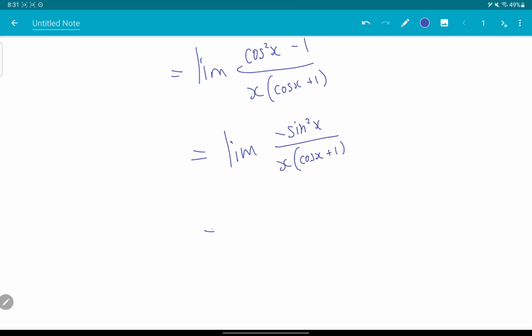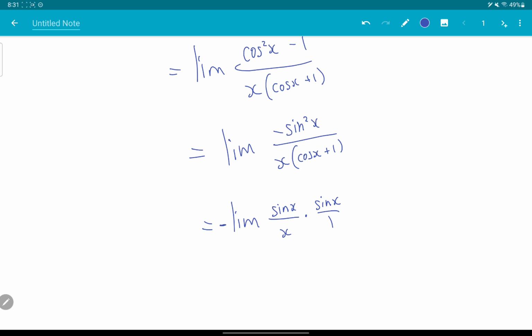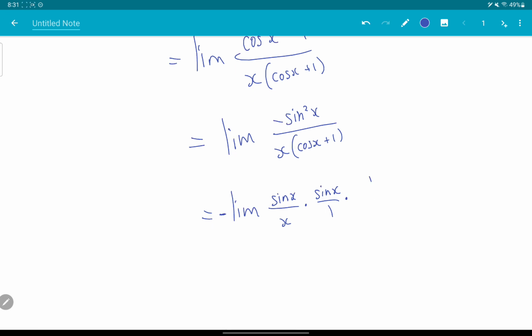Now I'm going to break this up just like I did last time. It's going to look a bit different though. The minus will come out front just like before. I'll have sine x over x. And then I'll have sine x over 1. Multiply, multiply, and then finally 1 over cos x plus 1.